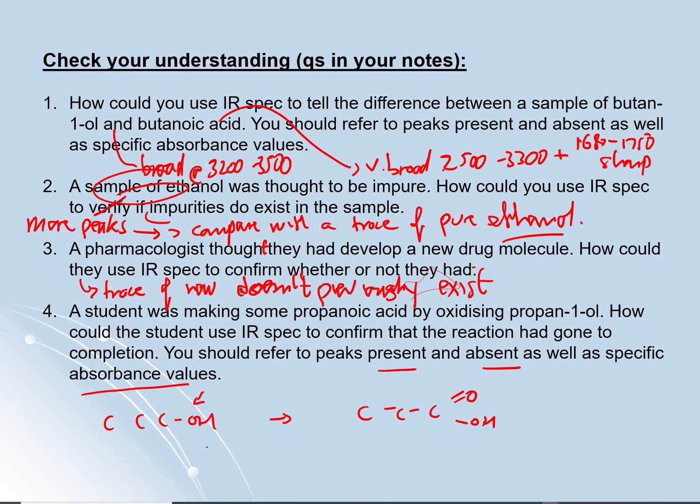Well, this is a bit like the one we had at the start. We start off here with a broad peak in our trace at 3.2 to 3.5 roughly. At the end, it's important that we show this has now gone. But what has it been replaced with? It's been replaced by a very broad peak at 2.5 to 3.3.